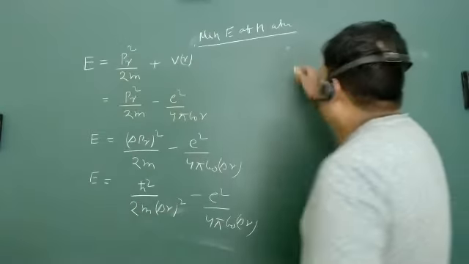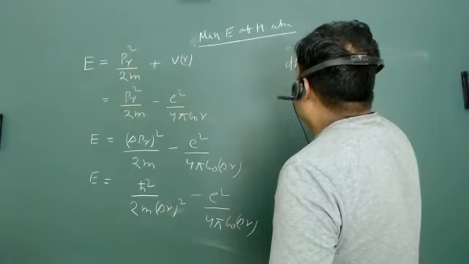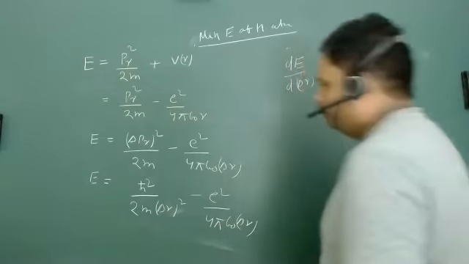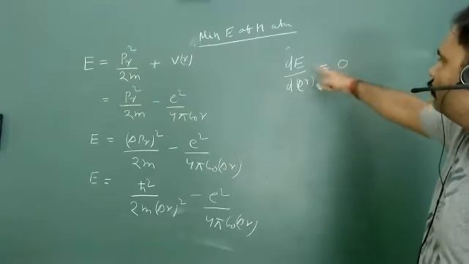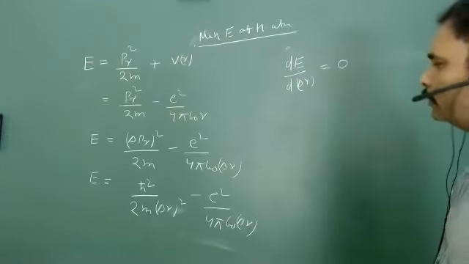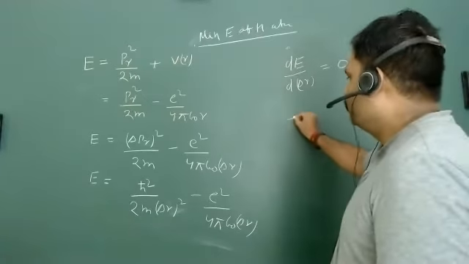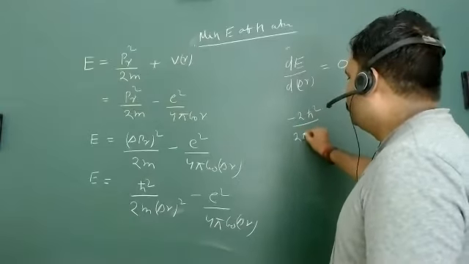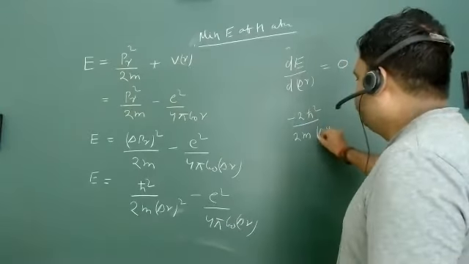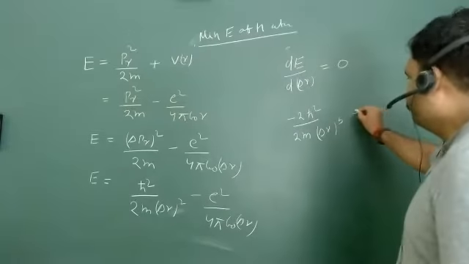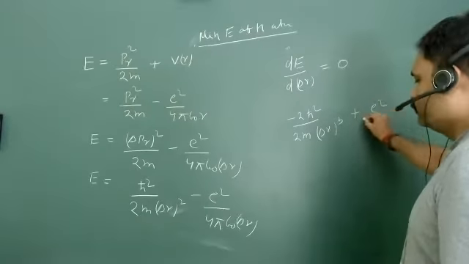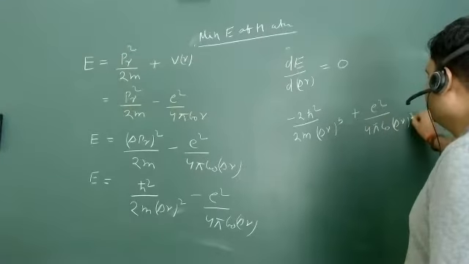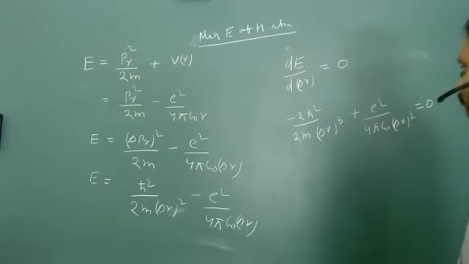So what we can do is go for dE upon d delta R must be equal to 0. When we go for dE upon d delta R equal to 0, the calculation is minus 2 H cut square upon 2m delta R cube plus E square upon 4 pi epsilon naught delta R whole square is equal to 0.